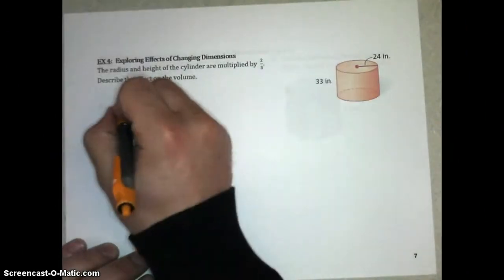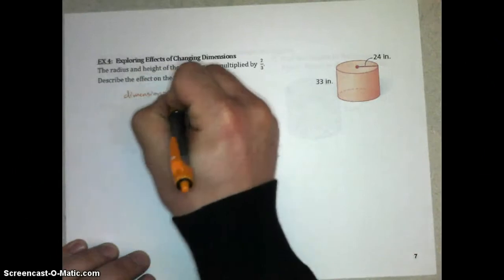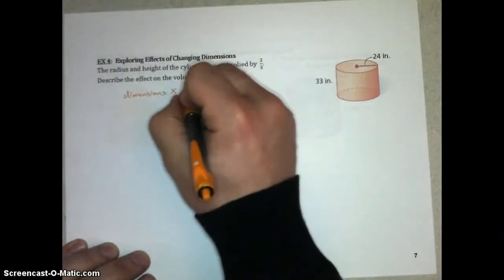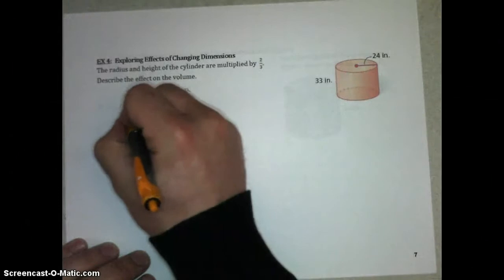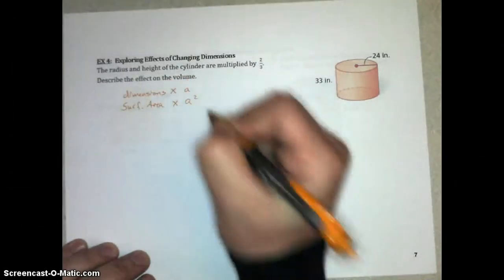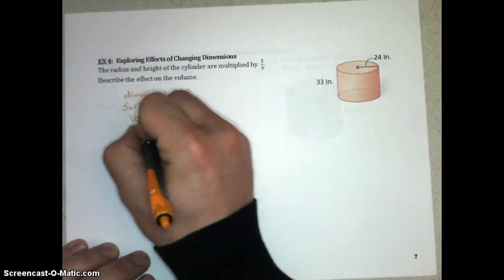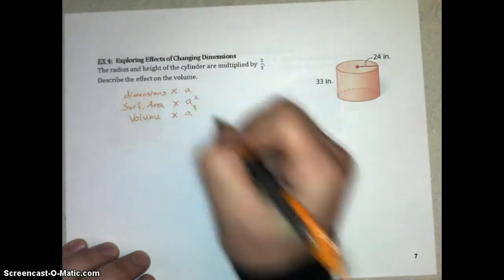So if our dimensions are multiplied by some value a, the surface area will be multiplied by a squared, but the volume, since it is a three-dimensional measurement, is multiplied by a cubed.